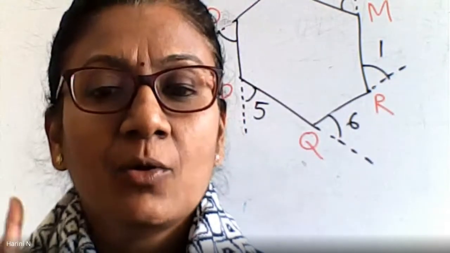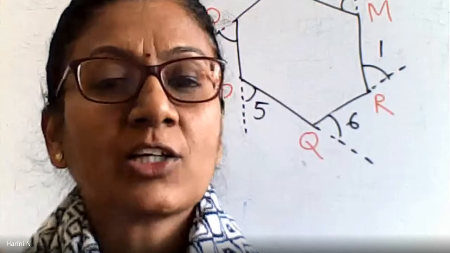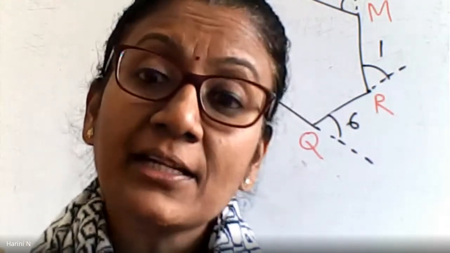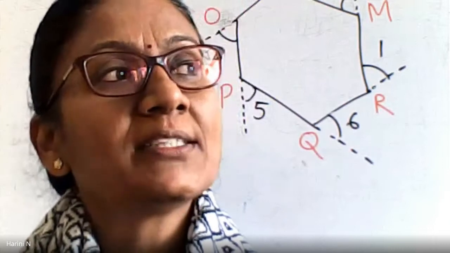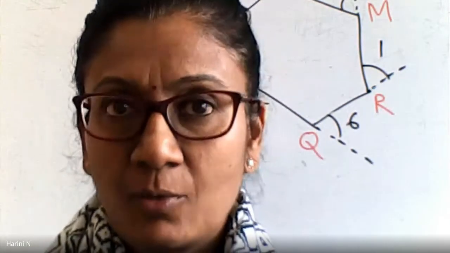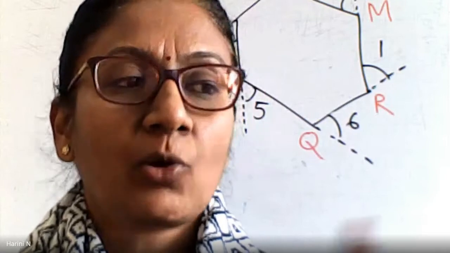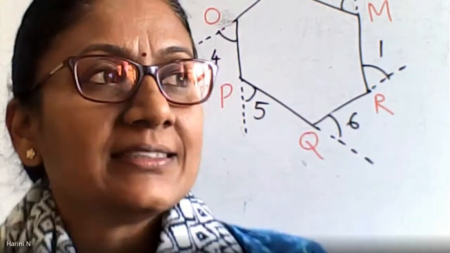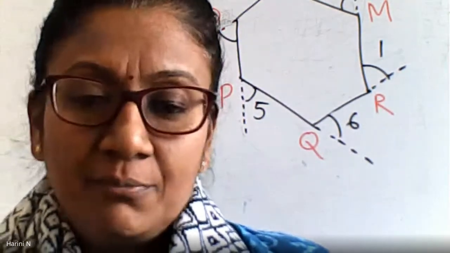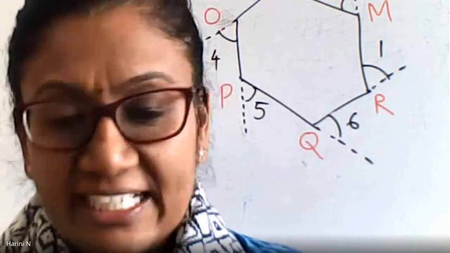You should be writing what is a simple curve, what is a closed curve, what is an open curve, what is a simple closed curve, and how it is different from a polygon. What is the speciality of a polygon? Though a polygon is also a simple closed curve, how is it different from any other simple closed curve? Why is a polygon given a special name as polygon? Because it has only straight edges.